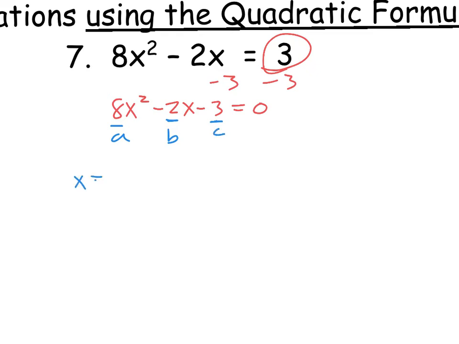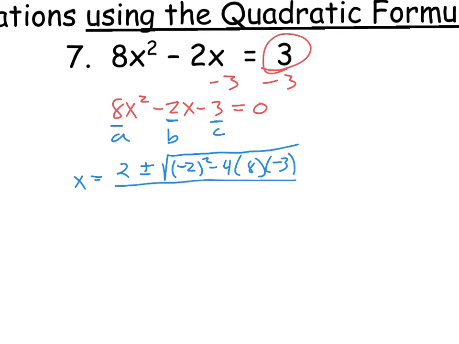So plugging this into the quadratic formula, negative b, so take the opposite of b, which would be positive 2, plus or minus the square root of negative 2. Make sure you put it in parentheses, squared, minus 4 times a is 8, times c is negative 3, all over 2 times 8.